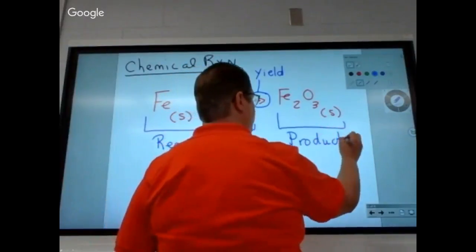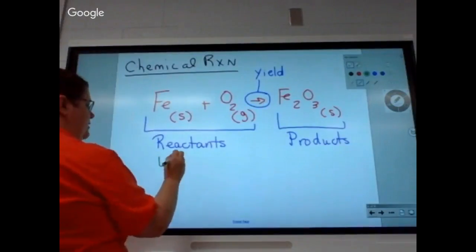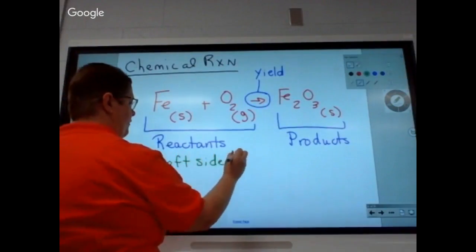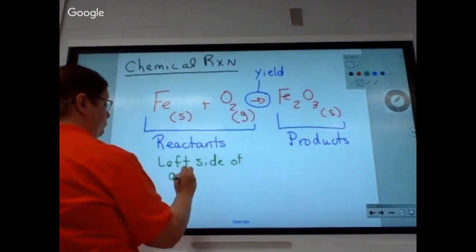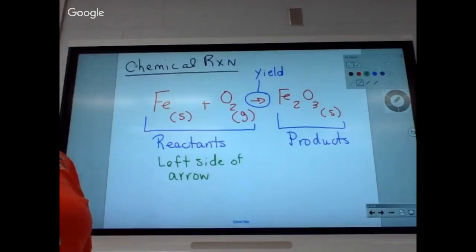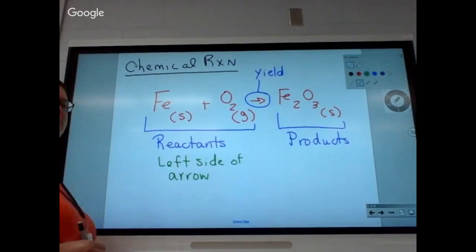All right. Now, the reactants are always the left side of the arrow. Later in the semester, when we have a reversible arrow, which I'll talk about shortly when we talk about symbols, even though some of you are going to argue as well, the arrow goes both ways. Yes, it does.